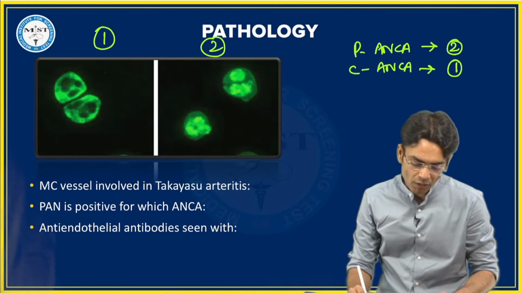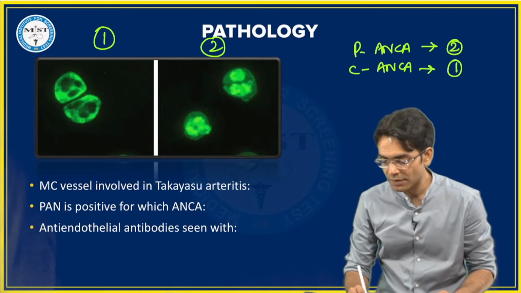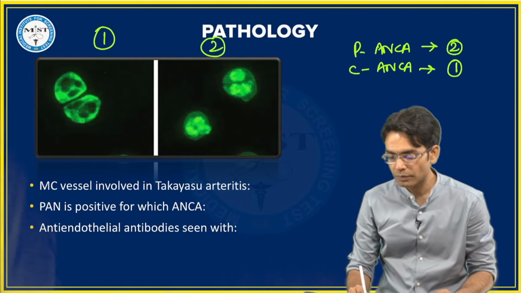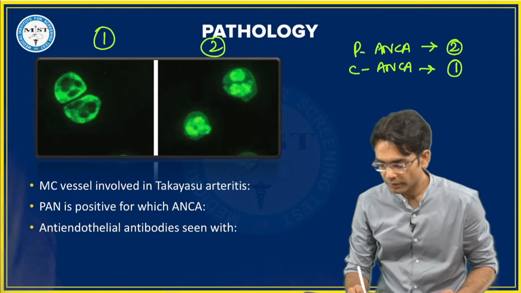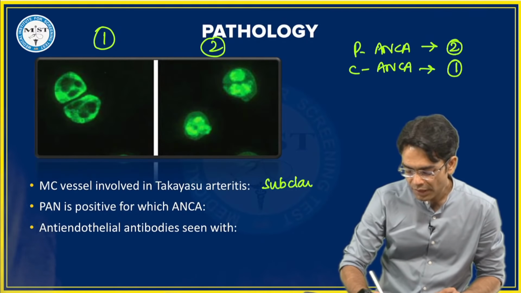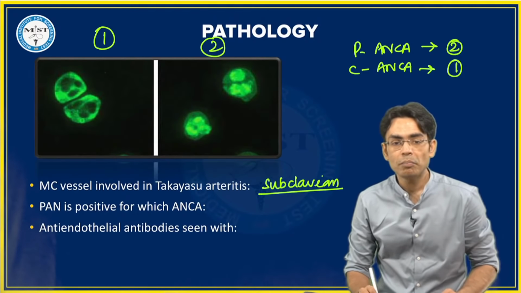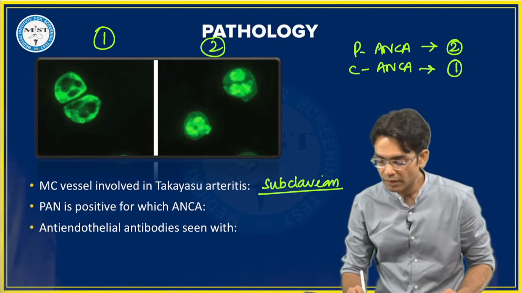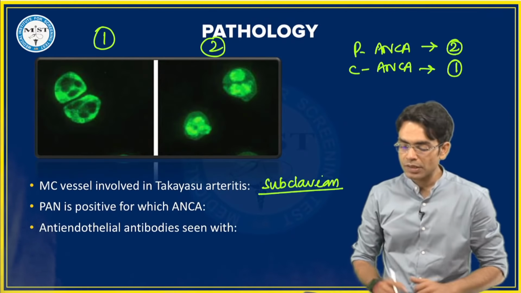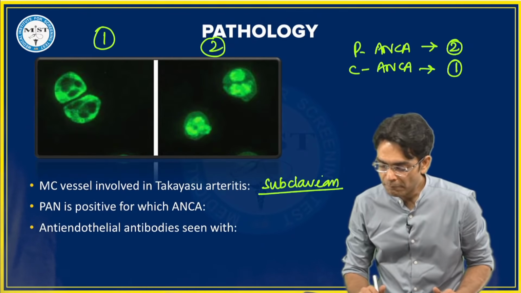Okay. Now, most common vessel involved in Takayasu arteritis. Takayasu. Yes, you are right. This is your subclavian artery. Subclavian vessel. PAN is positive for which ANCA?